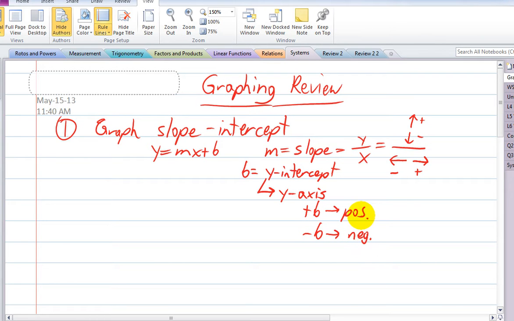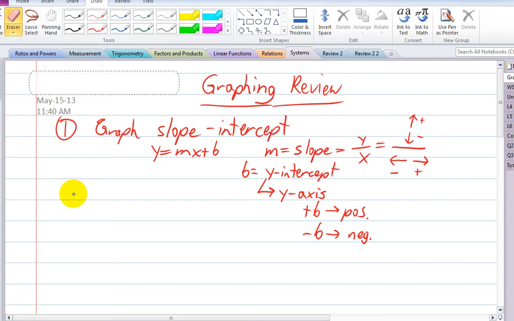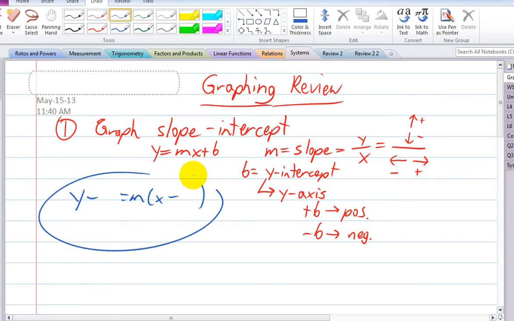I say that so you're not confused with the slope point. Sorry, slope point, I did it myself. Don't write this part down in blue. Remember with our slope point, we do that funny thing where it always must be a negative. It's not the case for the slope-intercept. All right.